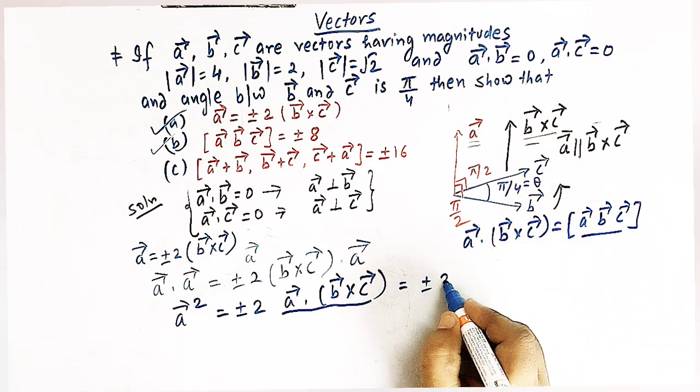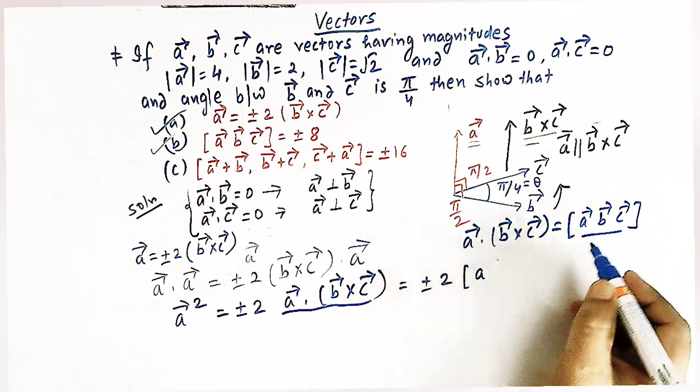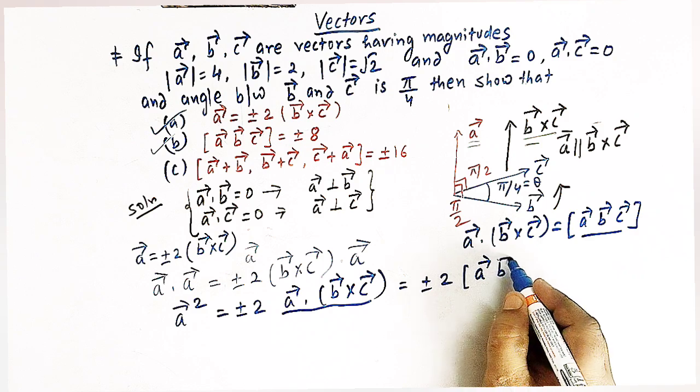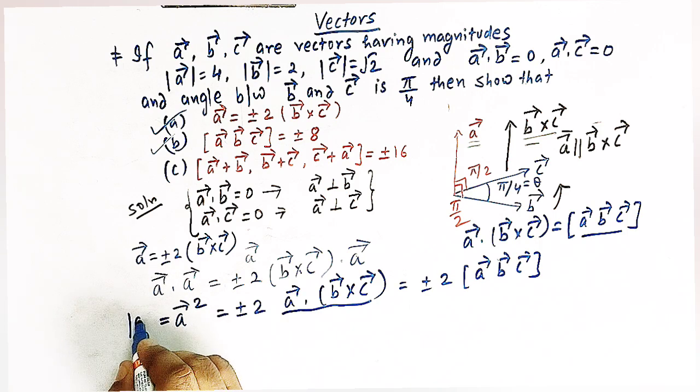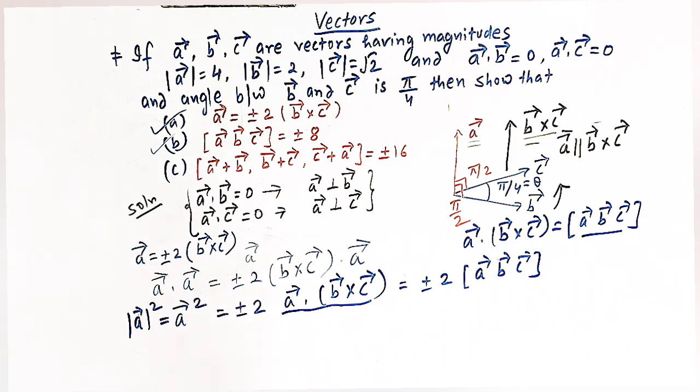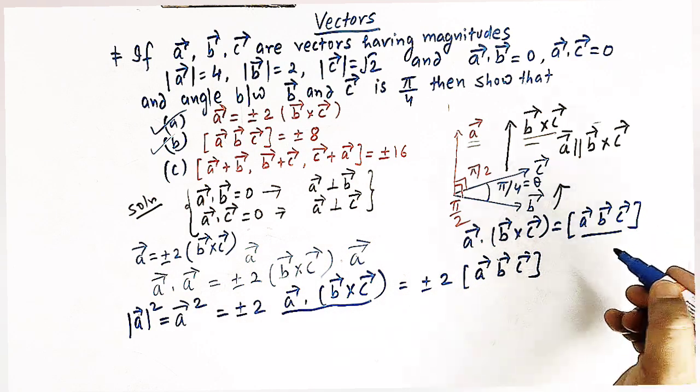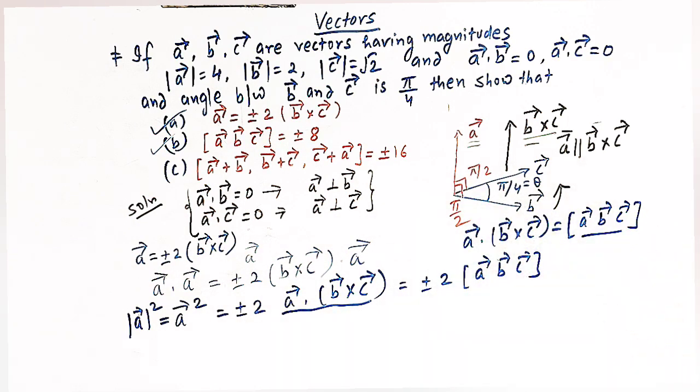So we have plus minus 2 times bracket A, B and C, and here the square of the vector A can be replaced by the square of the magnitude of vector A, because we know that the square of a vector is equal to the square of its magnitude, right?